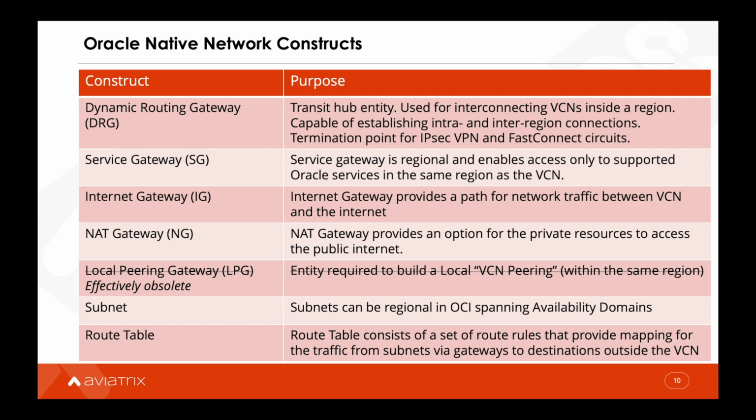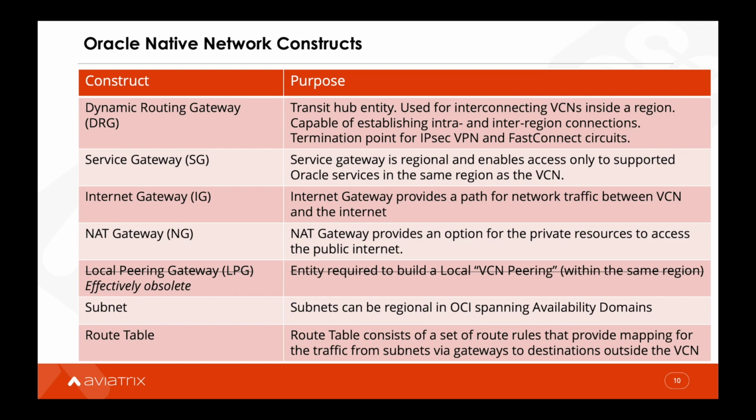Now it does not only terminate the IPsec tunnels and FastConnect gateways, but it also becomes a hub transit solution, if you will, for interconnecting VCNs in Oracle. We will talk about details in the next slides. But keep in mind now, it resembles much more something like AWS Transit Gateway, the AWS TGW. The functionality, as you will see soon enough, is fairly similar.